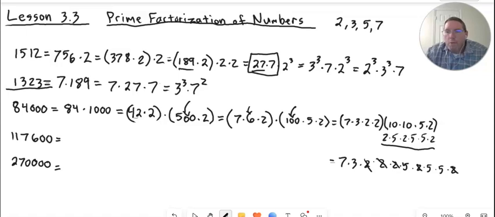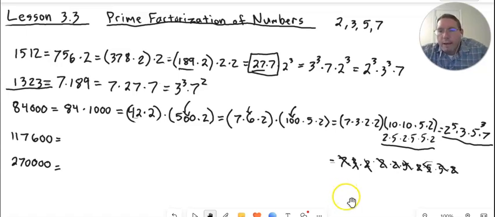And so this winds up being 2 to the 5th power. There's 1 3, so times 3. There's 1, 2, 3 5s, so 5 to the 3rd power. And then there's 1 7. So the prime factorization is 2 to the 5th times 3 times 5 to the 3rd times 7. And now I'm going to show you how we could have done that in Numworks.